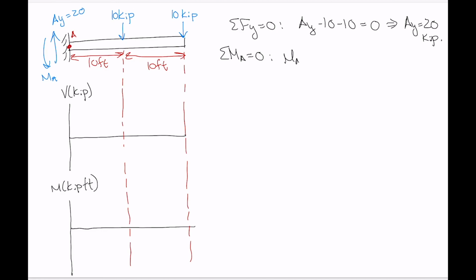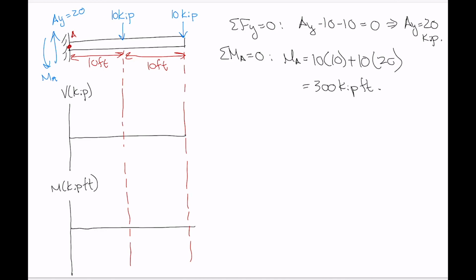So MA is equal to 10, that's the first applied load, at a moment arm relative to point A of 10 feet, so 10 multiplied by 10, plus 10 for the other one, whose moment arm is 20. So we've got 100, 200, 300 kip feet there.